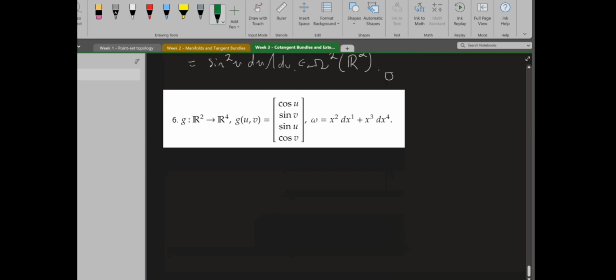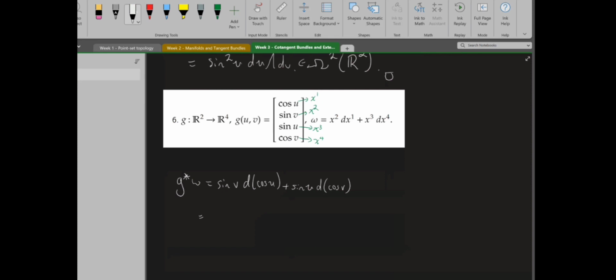This is a little bit tough, so we need to be careful. We can't write x, y, z anymore. So this is going to be x1, x2, x3, and x4, our coordinates for R4. Now, g star of omega, we're going to pull this back to a 2 form. Our x2, which is sine v, dx1, which is cosine u, plus x3, which is sine u, dx4, which is cosine v.